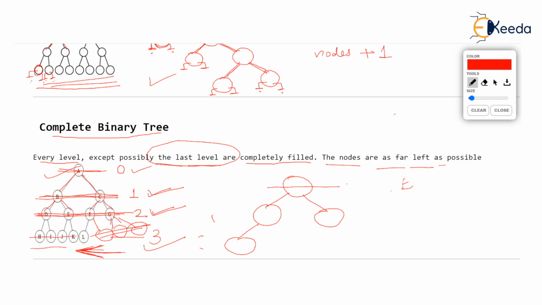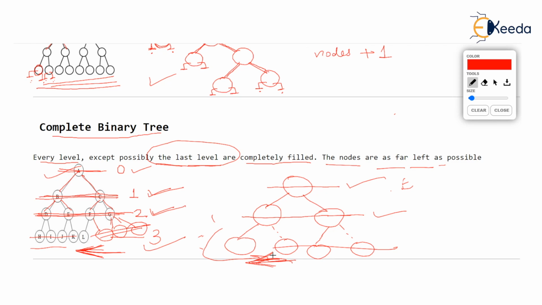On level 1 there can be only two nodes, filled. At the last level here there could have been four nodes actually, isn't it? Four nodes. But the problem is we have not shown these three nodes, and whatever nodes we have shown are to the left, as left as possible, isn't it? As left as possible. So this is a complete binary tree.